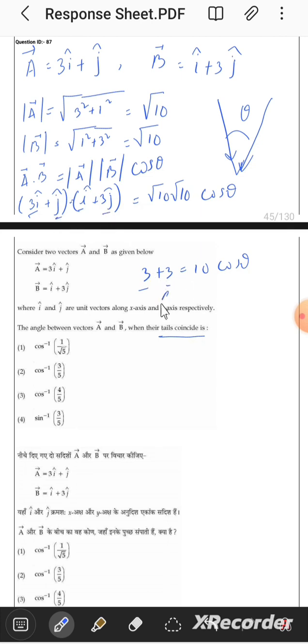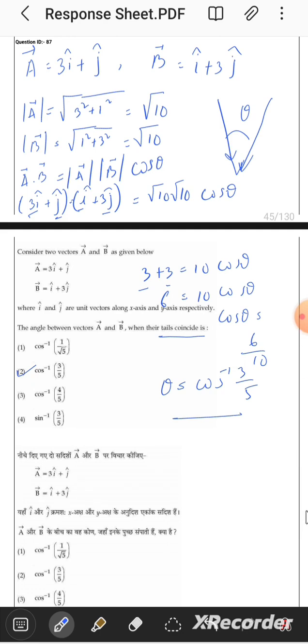It will be 6 equals 10 cos theta, so cos theta equals 6 by 10, and theta equals cos inverse 3 by 5. Option number 2 will be the correct one.